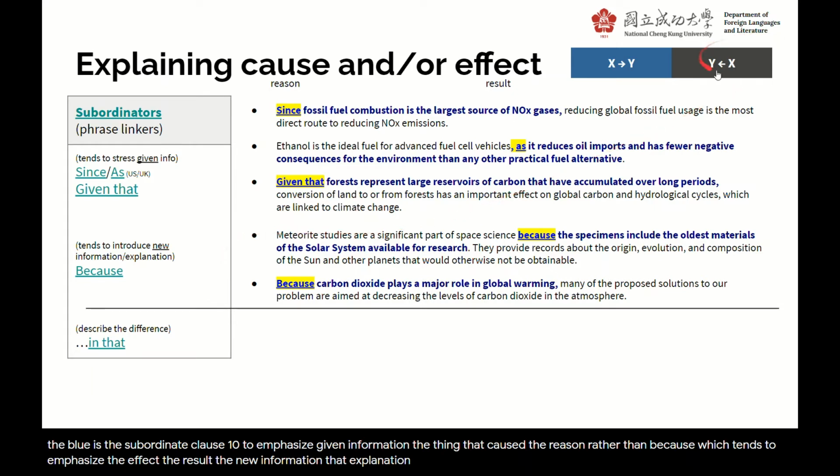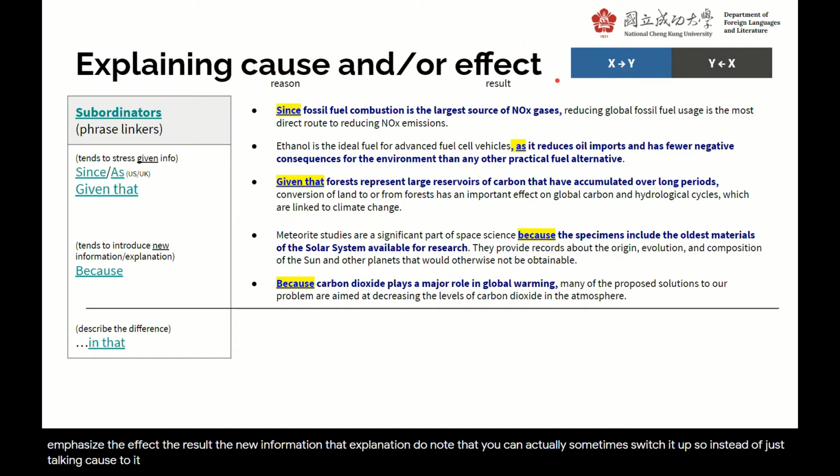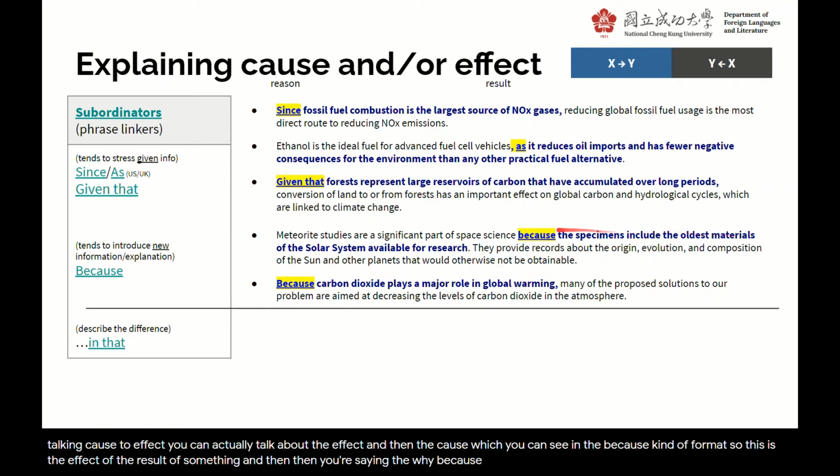And do note that you can actually sometimes switch it up. So instead of just talking cause to effect, you can actually talk about the effect and then the cause, which you can see in the because format. So this is the effect or the result of something, and then you're saying the why, because.